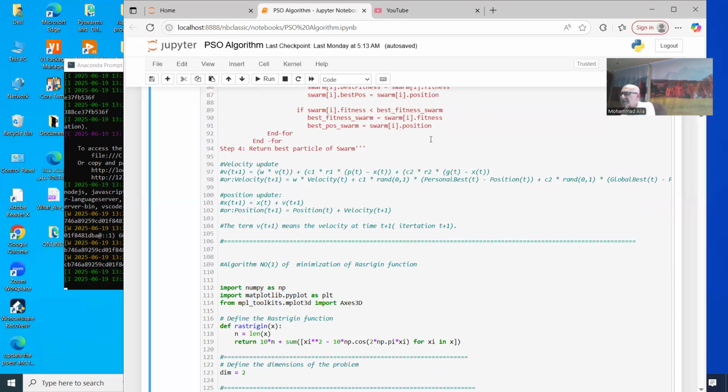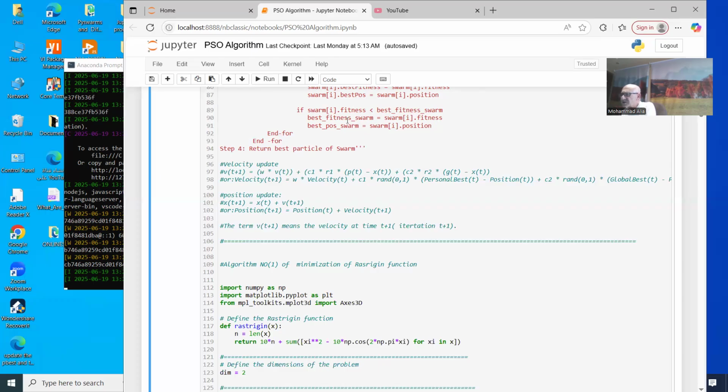The same idea applies for the whole swarm. If we find a particle with a fitness less than the best fitness of the swarm, which is the global fitness, so we will adopt it.